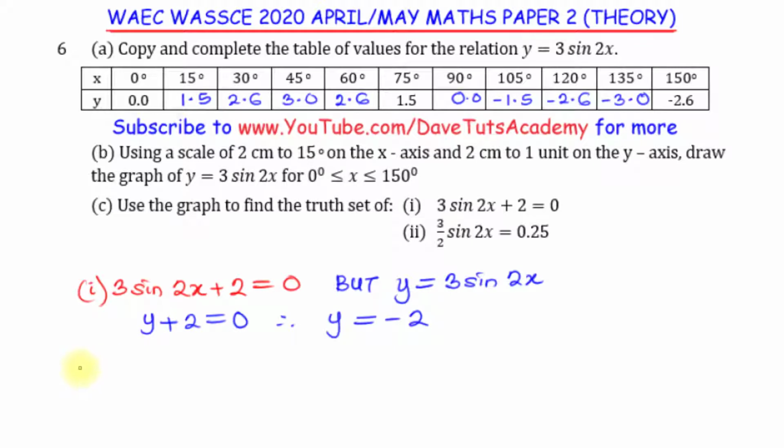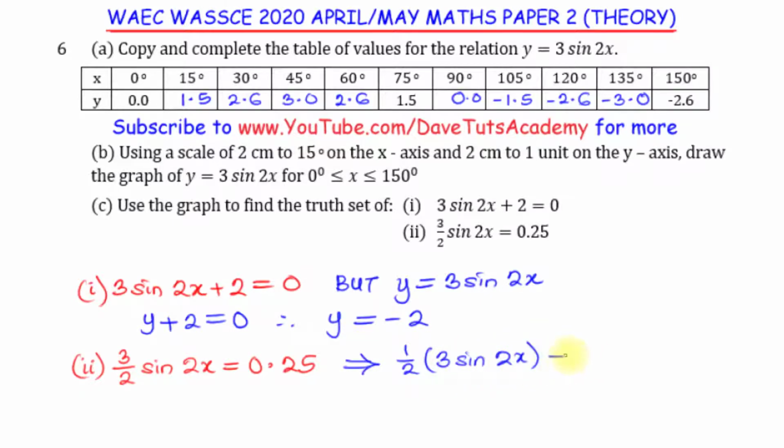What about the second case, in which we are told that 3 over 2 sine 2x is equal to 0.25? Already we know that 3 sine 2x is y. So this particular equation I can rewrite as 1 over 2 multiplied by 3 sine 2x to give me 0.25. And look at this, 3 sine 2x, is that not y?